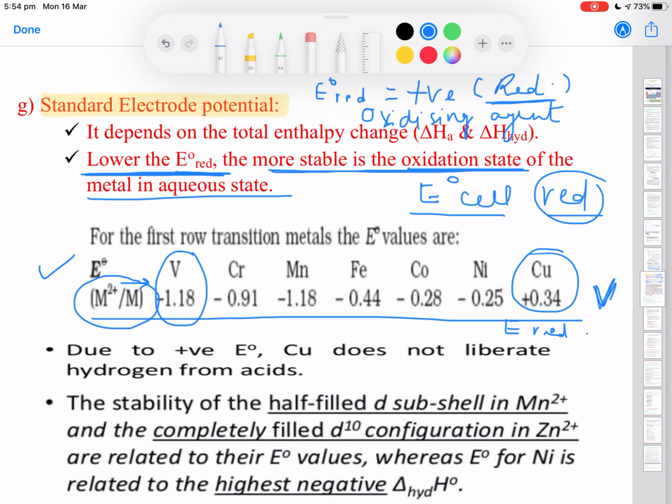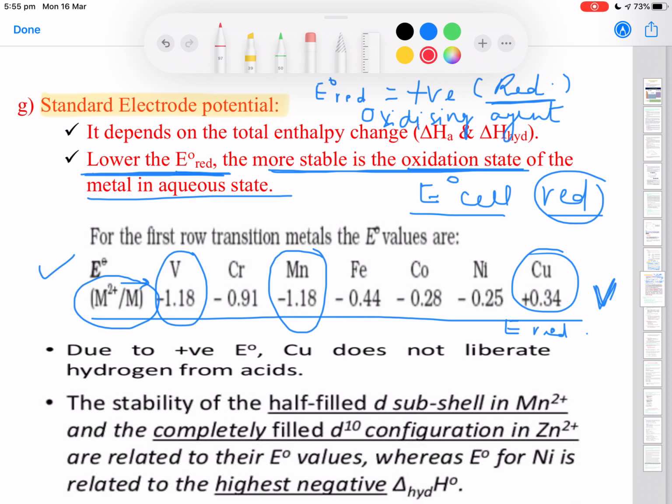What's your answer? I repeat again. Which element amongst these possess the least value of E naught reduction? So the least value goes for, yes, I'll give you 1 second to think. Okay, here we go. So very true, it's manganese.